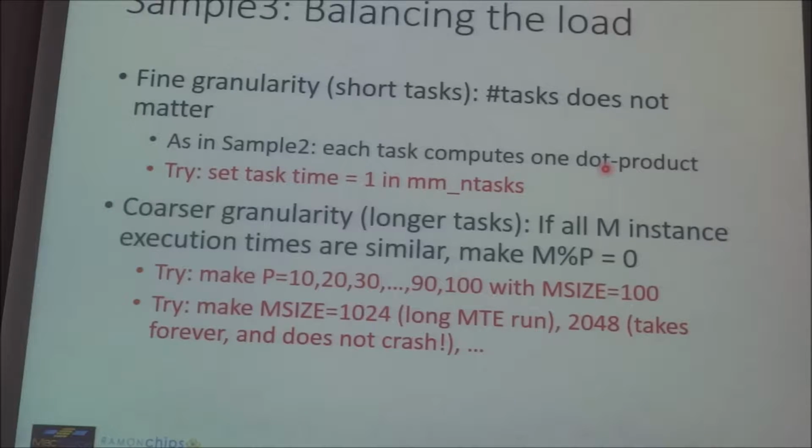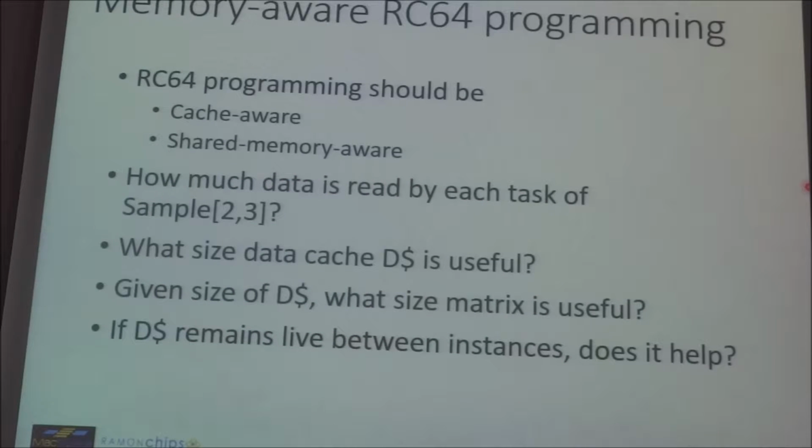And that's the one point that makes the complete difference and enables the use of a very large number of processors. Besides, if you do very large tasks, then you cannot have too many of them. And if you cannot have too many of them, you cannot take advantage of a large number of cores. So this is obvious in this case.